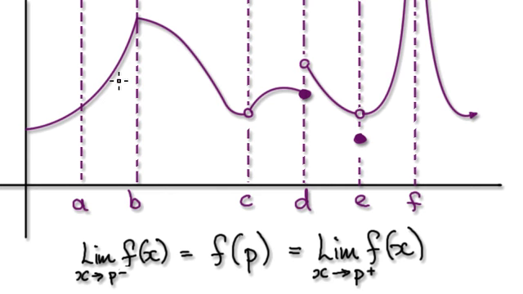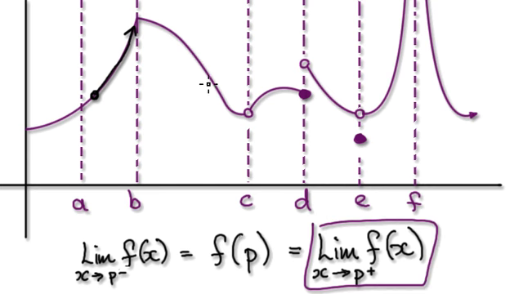Okay, even at point B here, check this. For the limit from the left hand side, you start here, approach B, and it would take you to this point here, and then you need to check it from the right hand side.